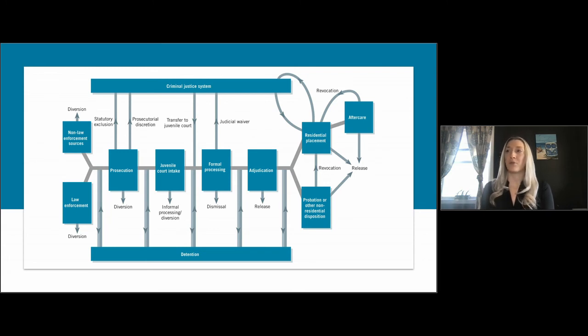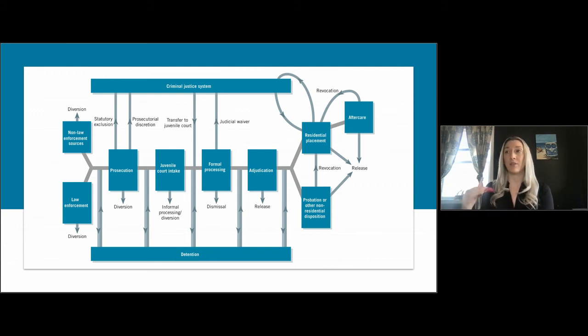But one thing that's important to notice are all of the different places towards the bottom of this where a case can be diverted from the court system or dismissed. It's important to note that we do have mechanisms in place to try and get the youth out of the system if they don't truly need to be in there.